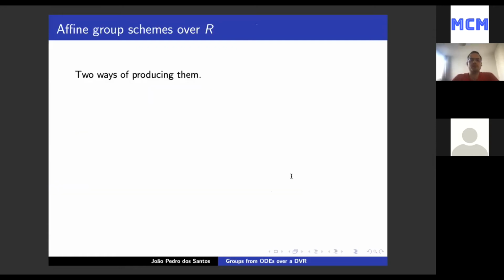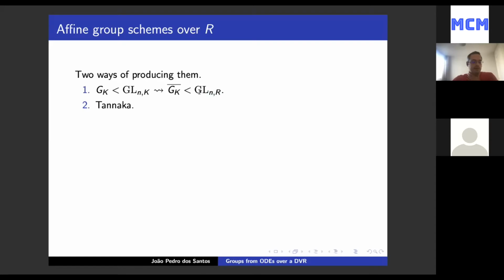There are groups which are not subgroups of GL_N. So I will have two ways of considering group schemes over R. The first one is the cheap and easy one: I start with something on the generic fiber and I take the Zariski closure. This is a small theorem, saying that the Zariski closure is still a subgroup scheme of GL_N over R. So this is a standard technique of producing group schemes from the generic fiber.